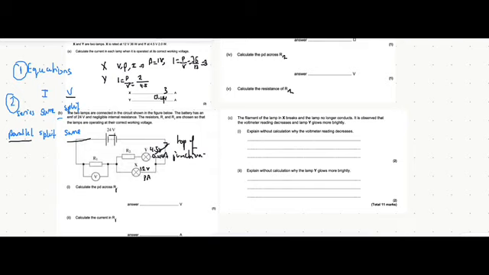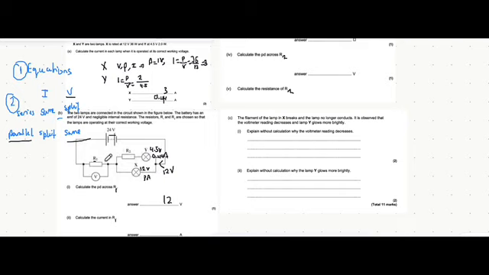I'm just going to rub it out because I don't want the diagram to get too messy. But what it means is that 12 volts goes into this junction, and because in parallel it stays the same, the 12 volts isn't split up. There's just 12 volts that go through the bottom and 12 volts that go through the top. But if 12 volts is taken up by this junction on the right, that means that this junction must take up 12 volts also. So R1 has a voltage of 12 volts flowing through it.